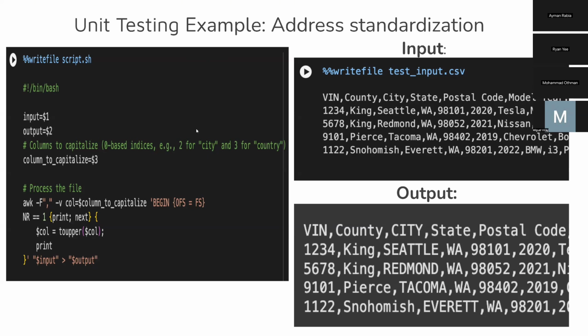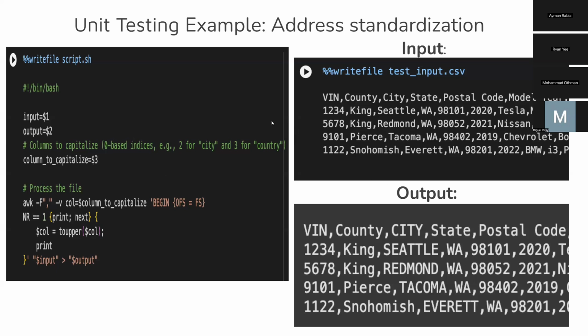We had this script that takes the inputs and the column that was required, and outputs it capitalized. So here's the input: VIN number, county, city, state. If you chose the third column, it would capitalize all the cities. So here in the output, Seattle, Redmond, Tacoma, Everett, they're all capitalized.